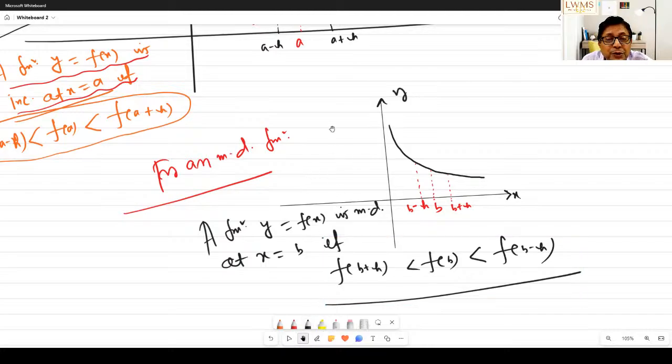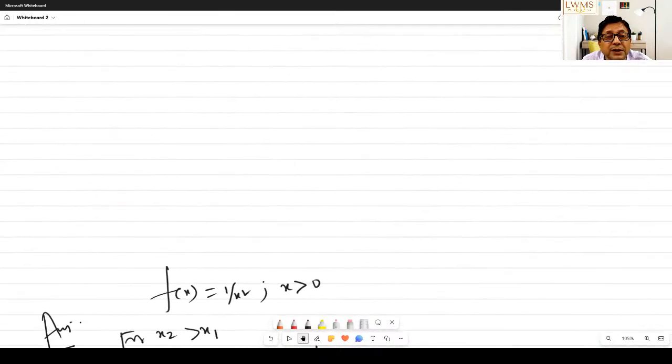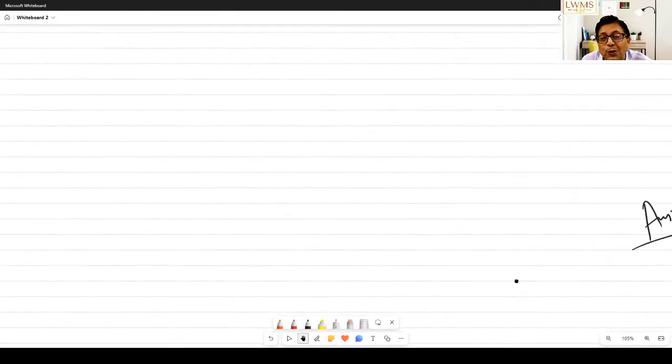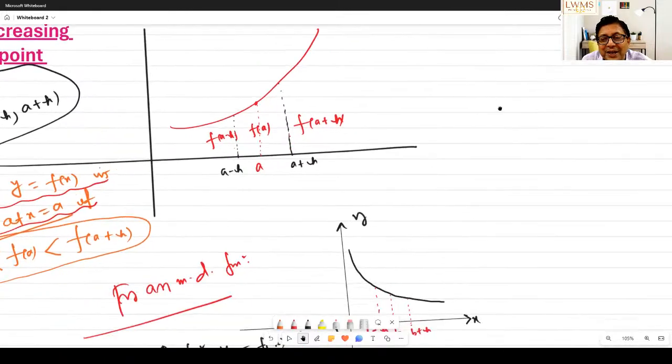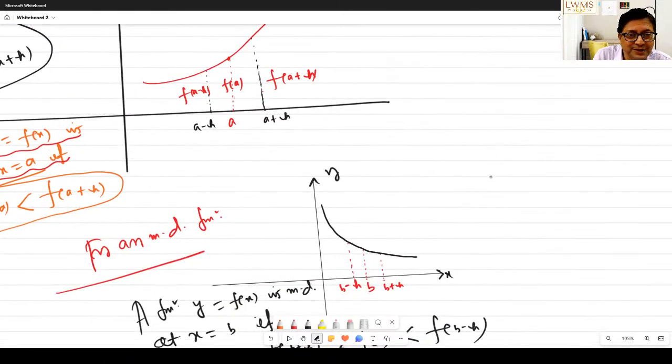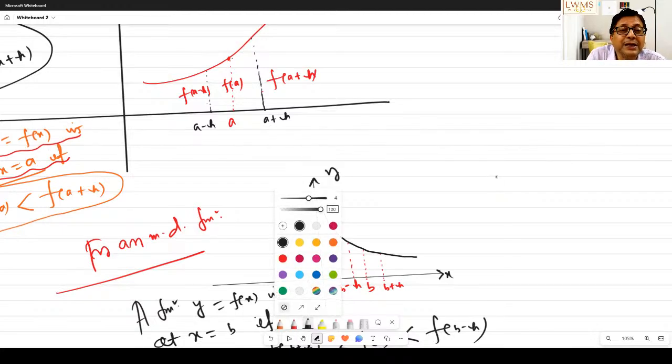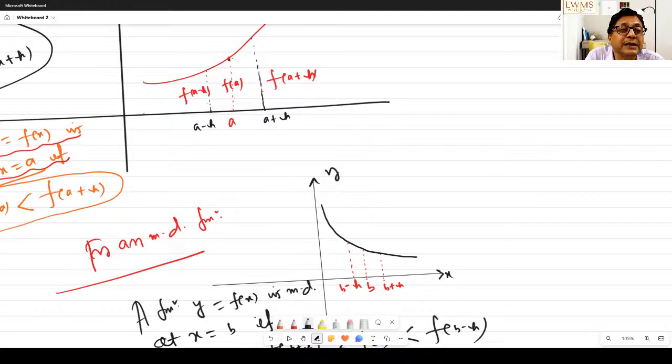Now if we go through the graph of the function, I have used different words, sorry. If we use the graph of a function, when it is monotonically increasing, if we draw a tangent to the curve at the point (a, f(a)), then dy by dx at this point should be greater than 0.